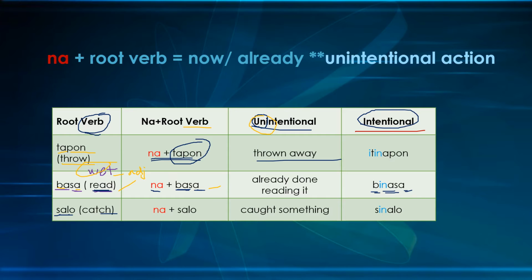Nasalo means caught something unintentionally. And if we say that you caught, for example, the ball intentionally, we will have a version like this: sinalo. So we have here in as an affix at the middle.